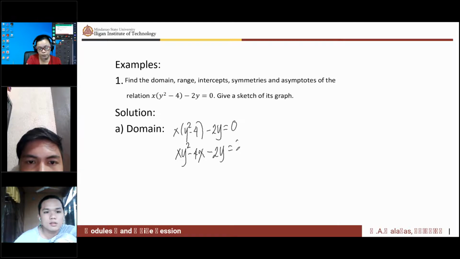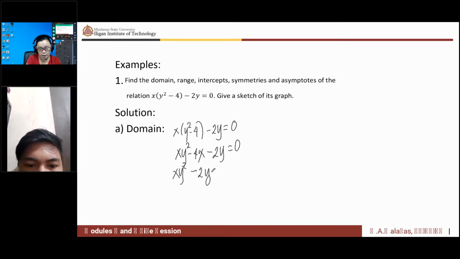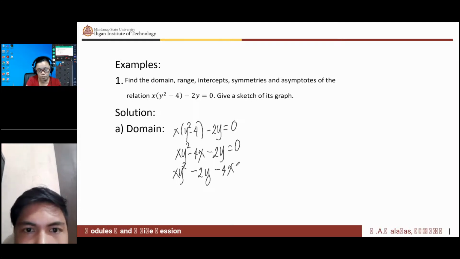So if you rewrite it in the standard form of the quadratic, you have x y squared minus 2y minus 4x equals 0. So here, our a is x. Our b is negative 2.